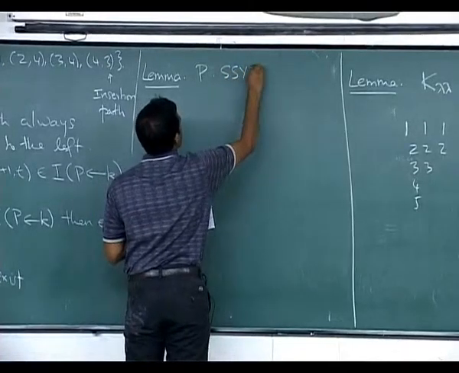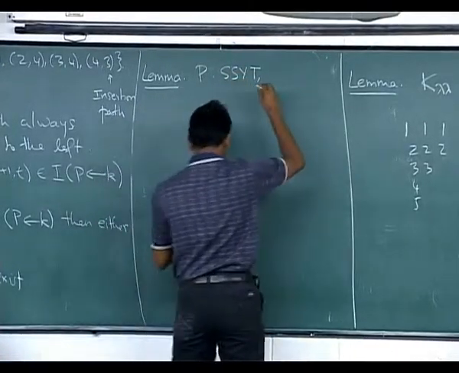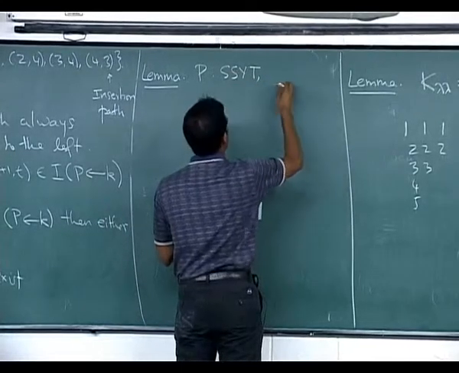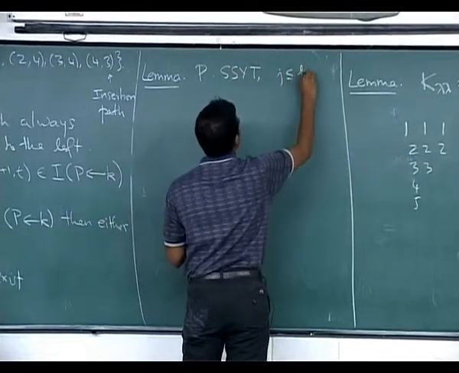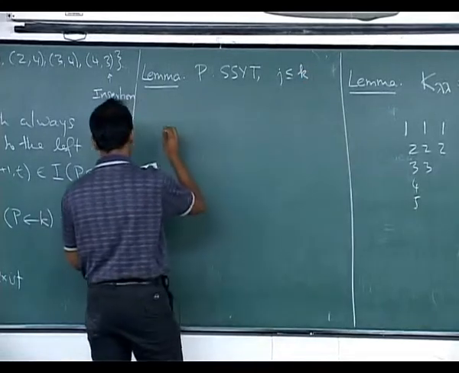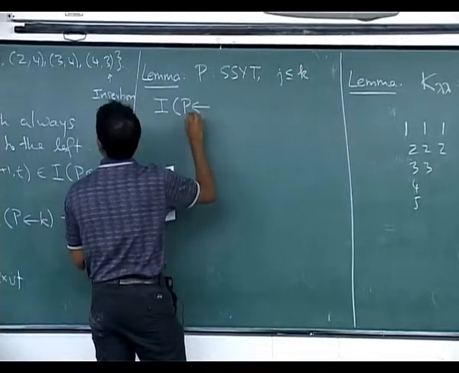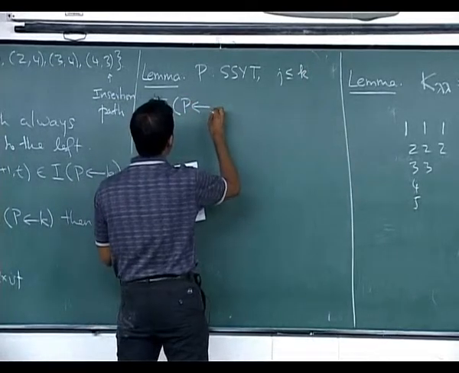Suppose P is a semi-standard Young tableau and J is less than or equal to K. Then you look at this insertion path.